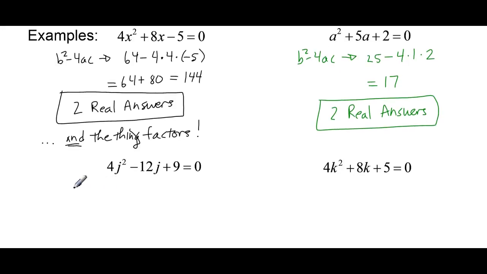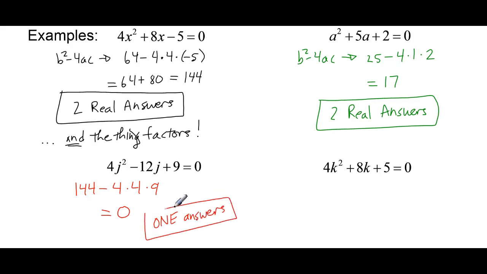Okay, so b squared minus 4ac comes out to be exactly 0 here. So this is one of those situations where you get only a single answer. And it's going to be an answer without any square root in it, because square root of 0 is 0, so it also factors, so it also tells you that.